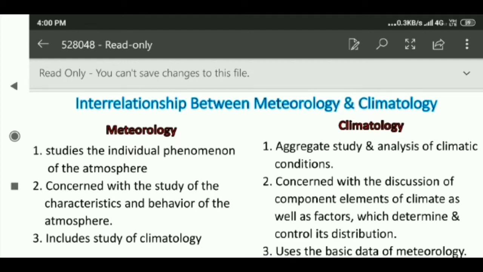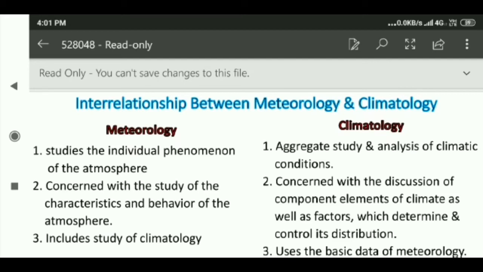Meteorology studies the individual phenomena of the atmosphere, and is mainly concerned with the physical analysis of the individual weather elements, whereas climatology is the aggregate study and analysis of the climatic conditions with long-term keen observations.